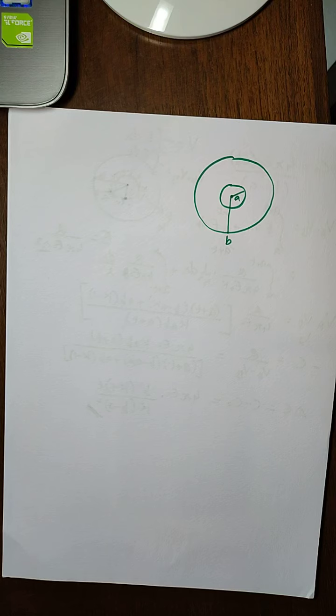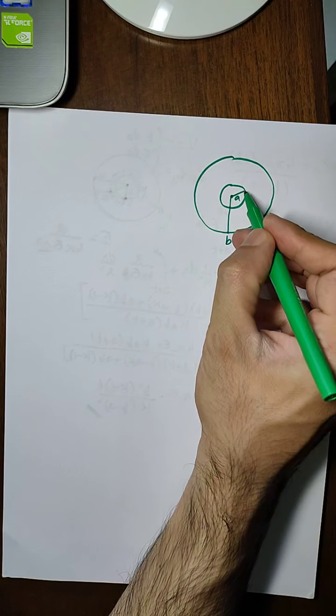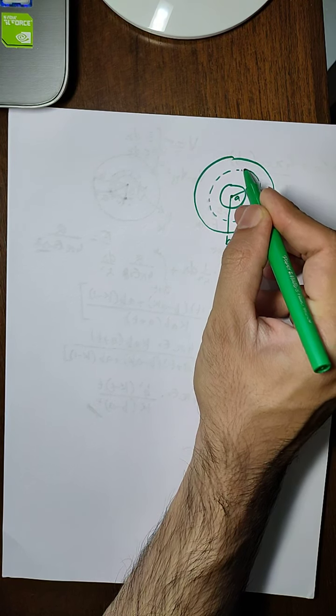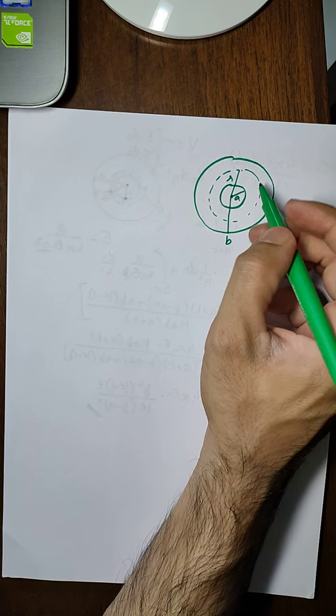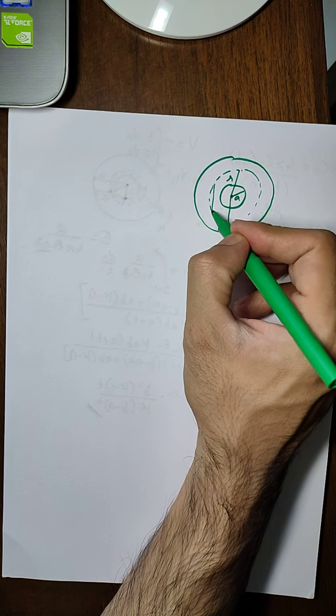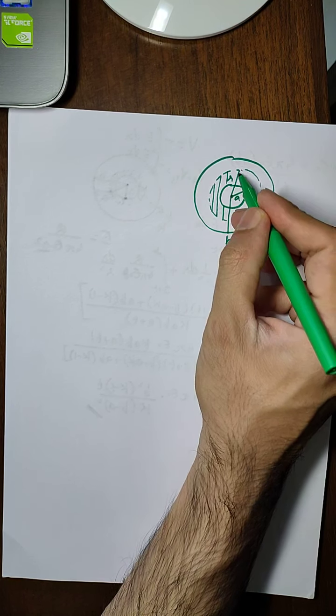Now, if there is a medium between the spherical shells, let us say that we have two media completely filling the space between A and B, and they have dielectric constant K1 from radius A to R. So from A to this radius R, we have this dielectric.